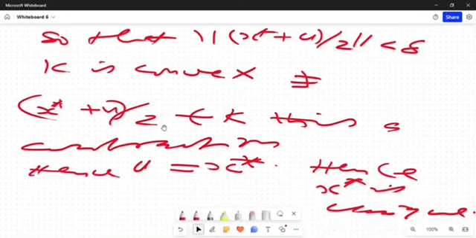Hello. Could I ask you to explain again about the contradiction? Okay. Look at this. You know that this x star plus u over 2 is in K, from all that we have said. And now this is a contradiction because, look at the beginning.